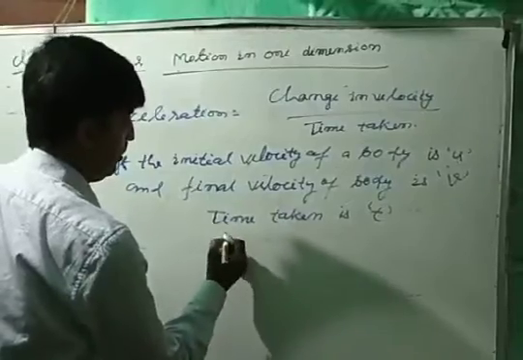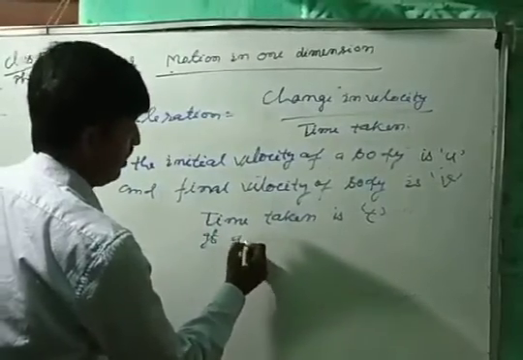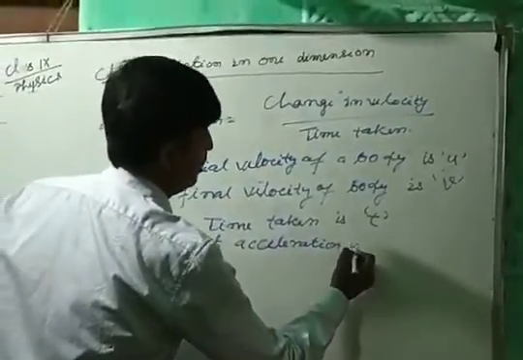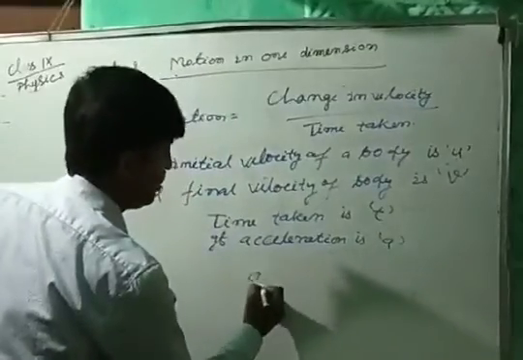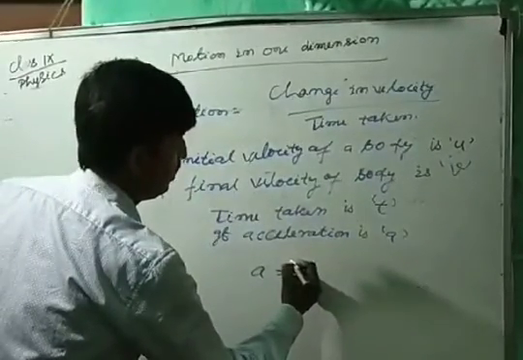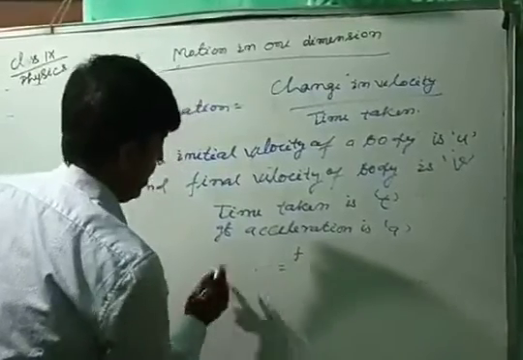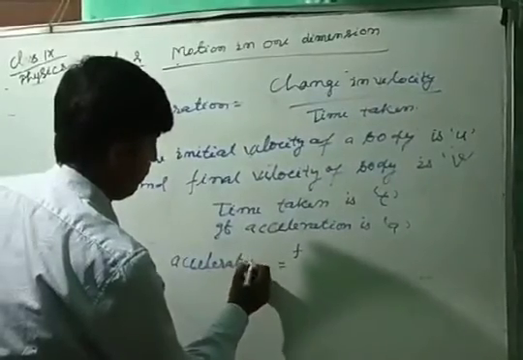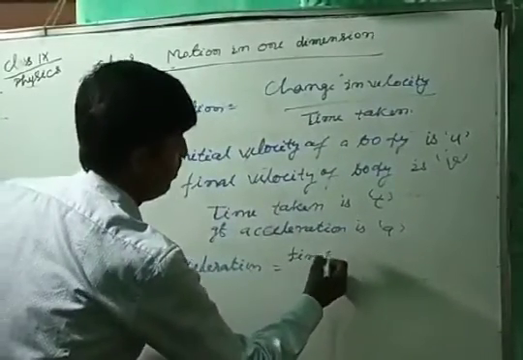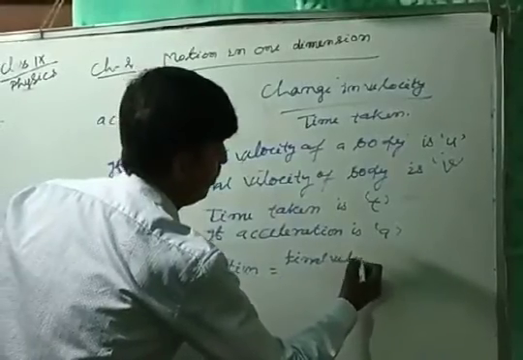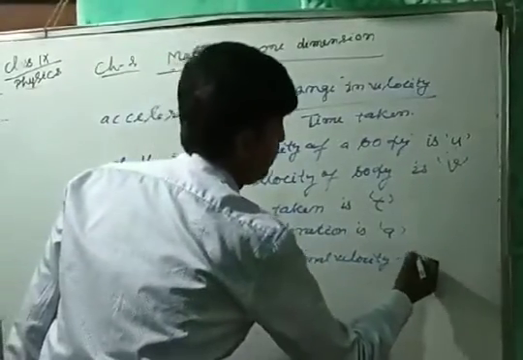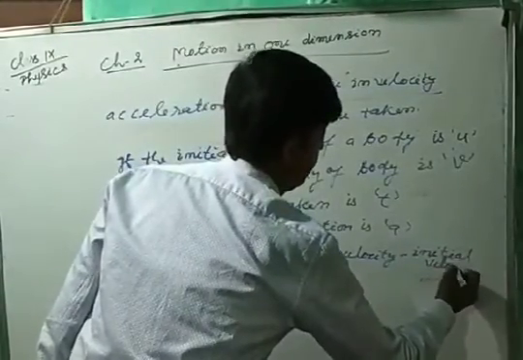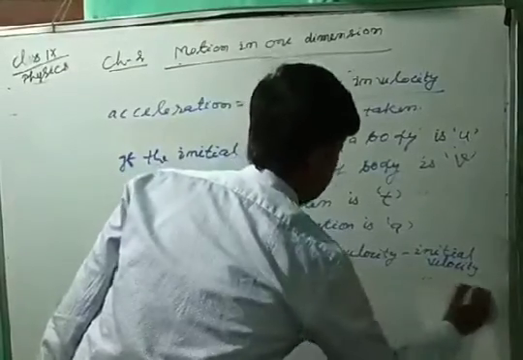If the acceleration is a, then acceleration is equal to change in velocity, meaning final velocity minus initial velocity, by time.